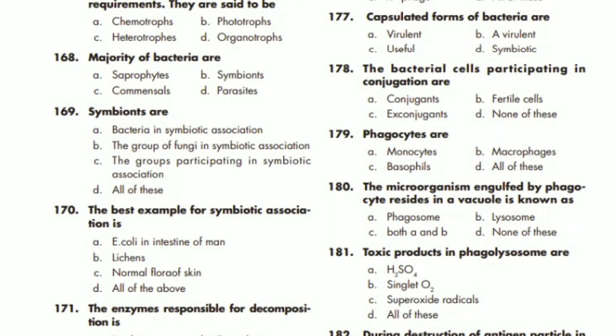MCQ 177 says that encapsulated forms of bacteria are mostly virulent. A is the correct option. MCQ 178 says that the bacterial cells participating in conjugation, what do we call that? We call them conjugates. A is the correct option, conjugates.